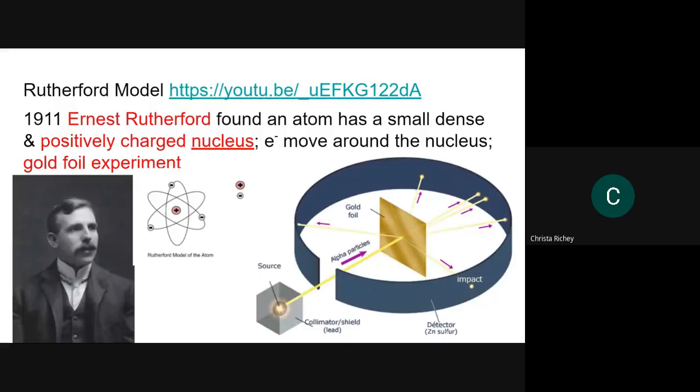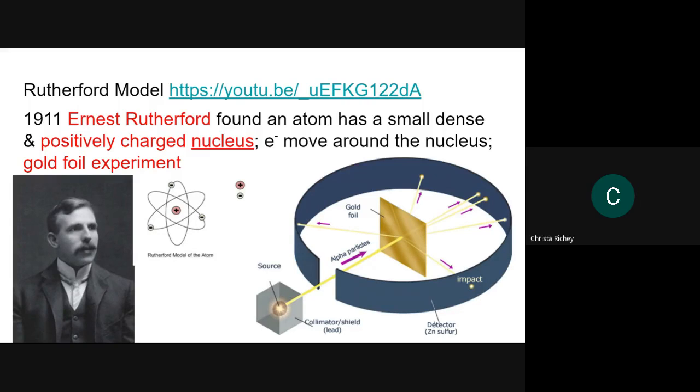Ernest Rutherford, with his gold foil experiment, which I have a very short video for too, figured out that most of an atom was a positively charged object. He shot these things at gold foil, and most of them passed through, but some of them bounced back. And in order for a positive to bounce off of something, it has to bounce off a positive. Otherwise, it's attracted.